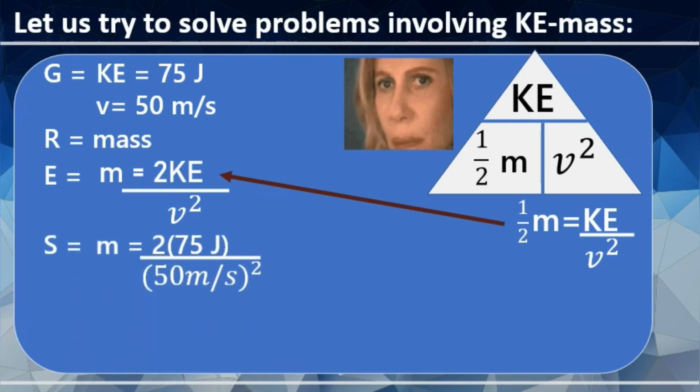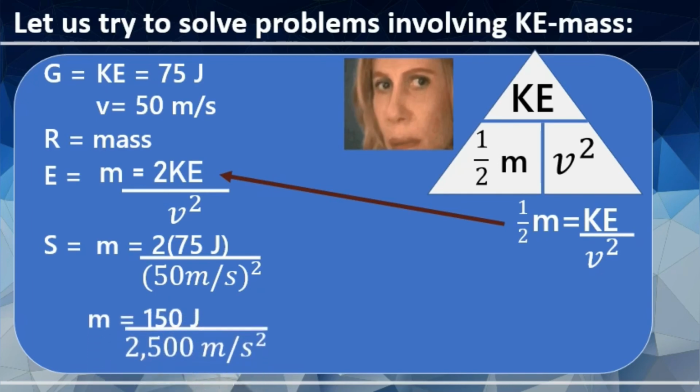Okay? Next. So, for the solution, let us have m equals 2 and then substitute the value of KE which is 75 joule over the value of velocity which is 50 m/s. Then, you're going to square it. Okay?